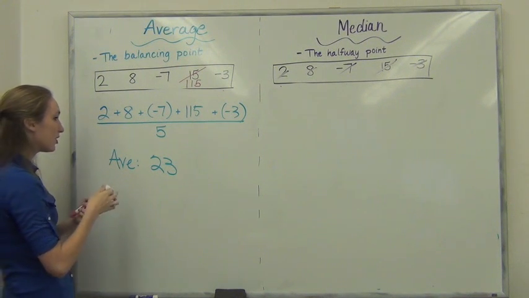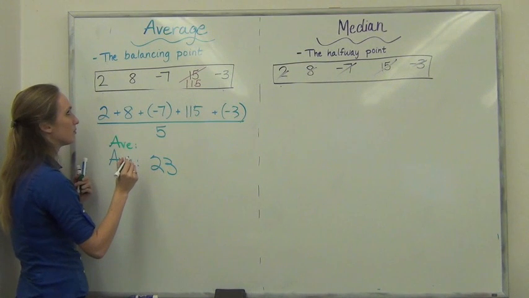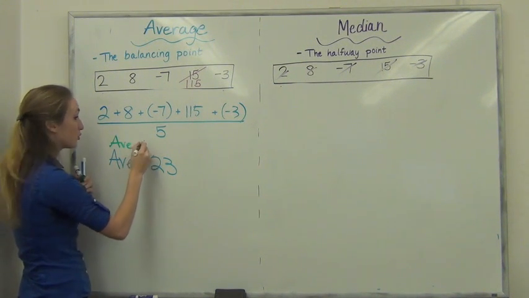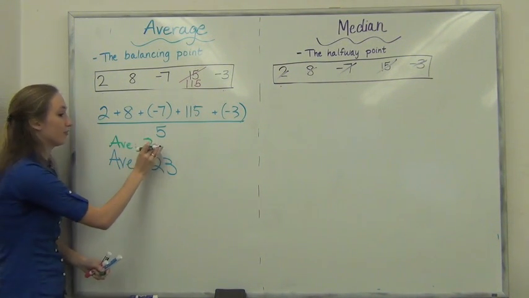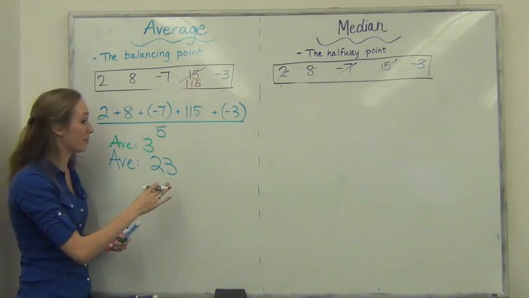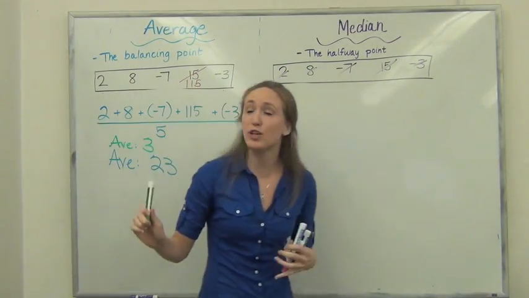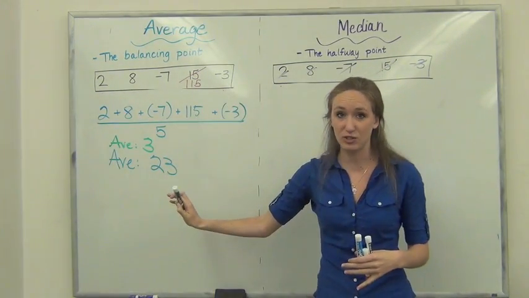So we went from our original average of, was it 2? Yeah, our average was 3 originally. We went from our original average of 3, we added 100 to one of the numbers, and we ended up with 23. So there's no real pattern there. When you only change one number on the list, it is back to the drawing board.